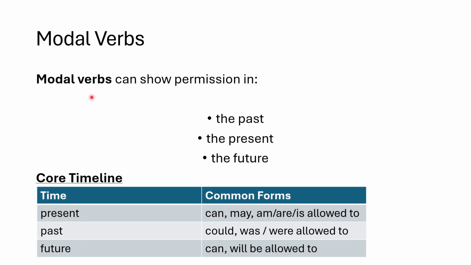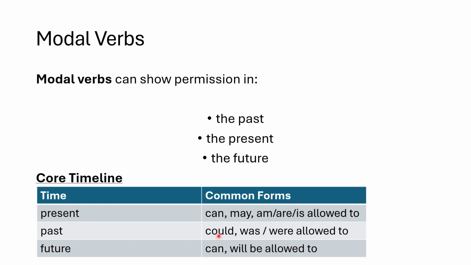Modal verbs can show permission in the past, the present, and the future. Core timeline. Time, present, past, future. Common forms. In the present, can, may, and am, are, or is allowed to.